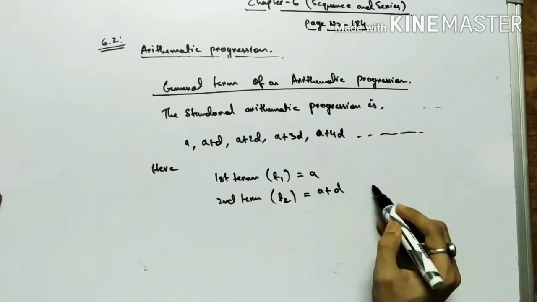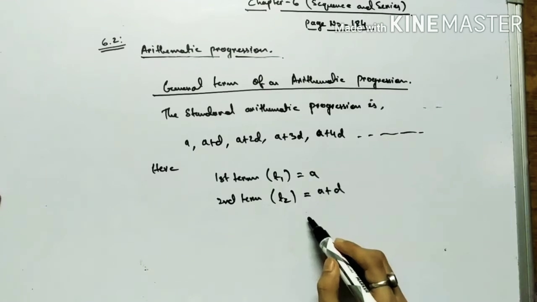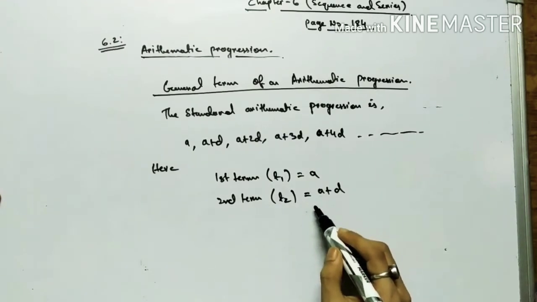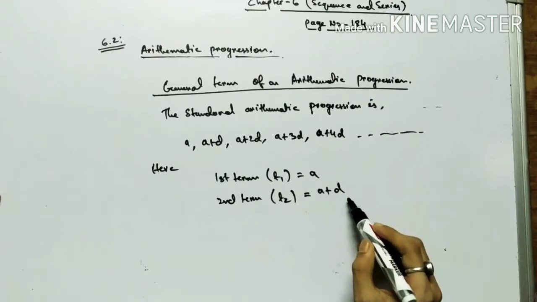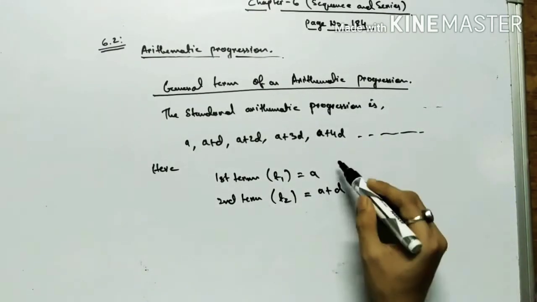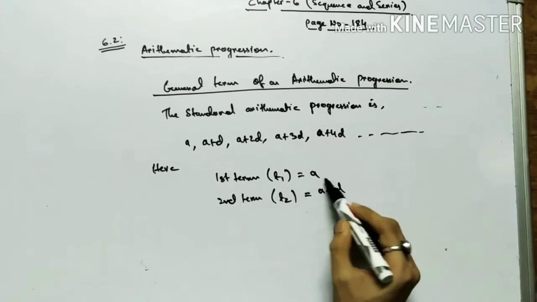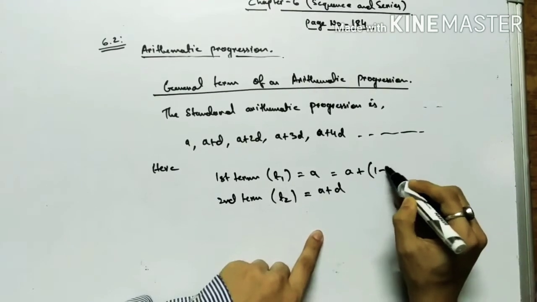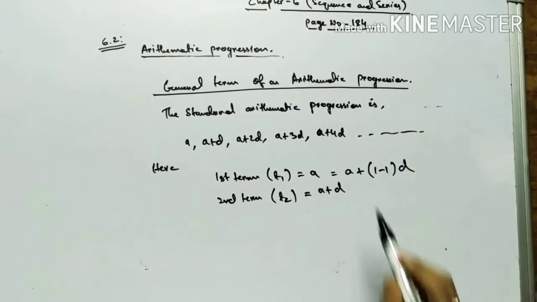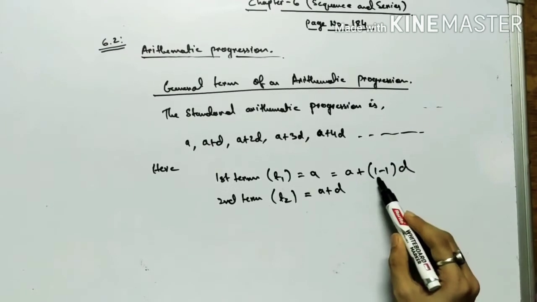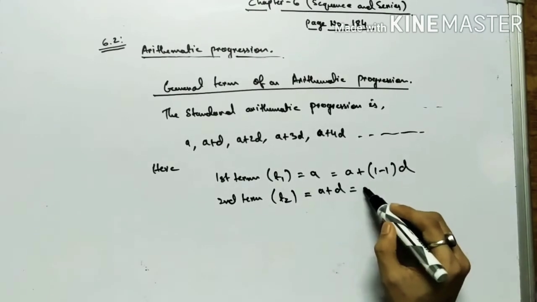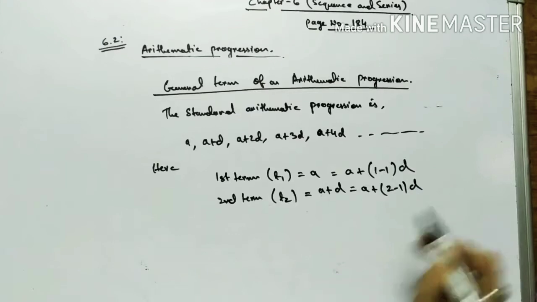So the first term, a, I can write in this way: a plus 1 minus 1 d. And a plus d, which I can write as a plus 2 minus 1 d.